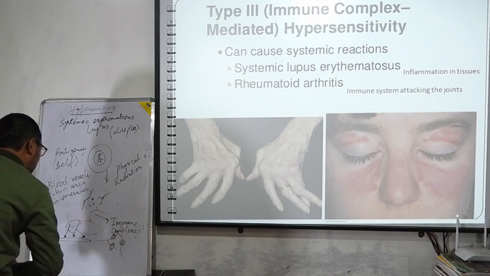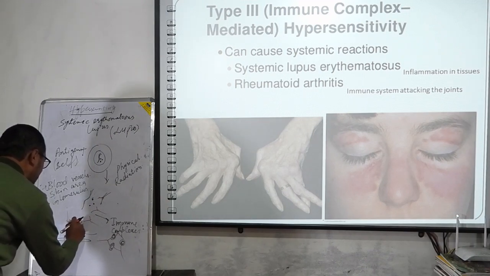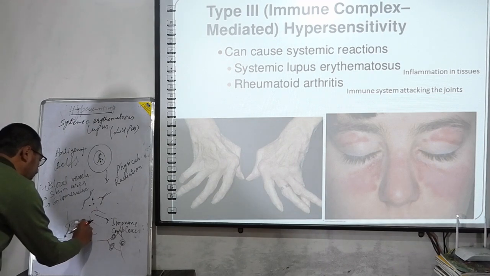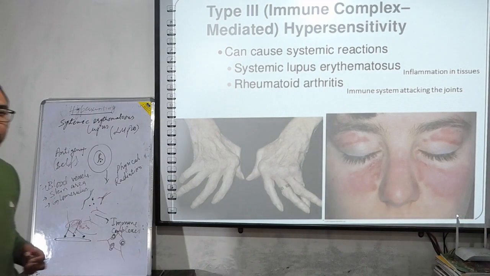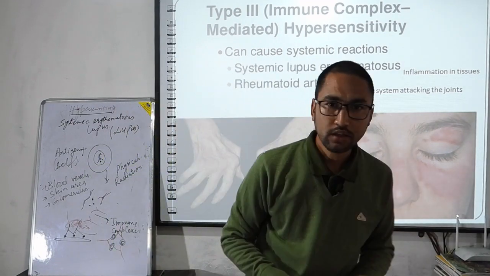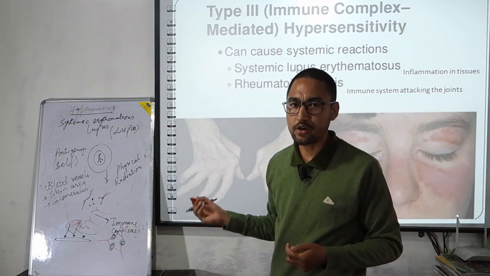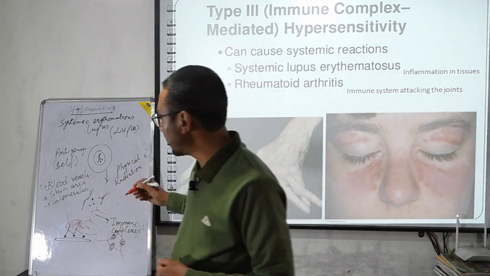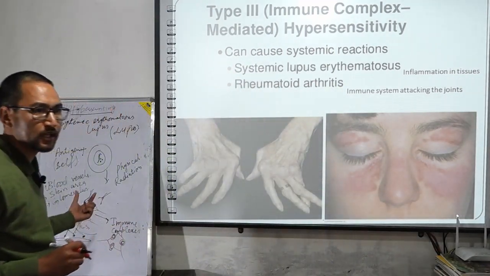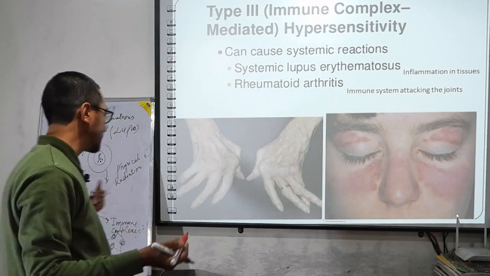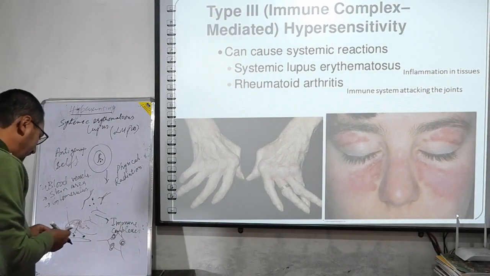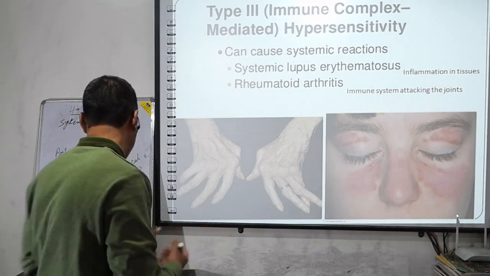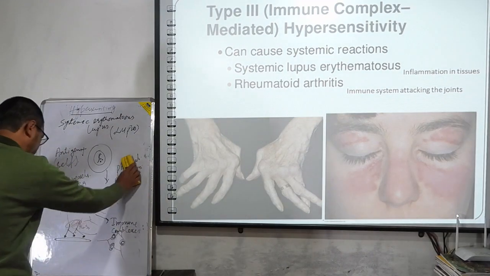They will activate the complement system by recruiting proteins like C1q, and finally it will recruit C1R2S2. So we have an active protein which is called the C1q-R2S2 protein. This protein will activate C3 proteins, which are converted into C3a and C3b, and C5 protein, which will convert to C5a and C5b molecules.